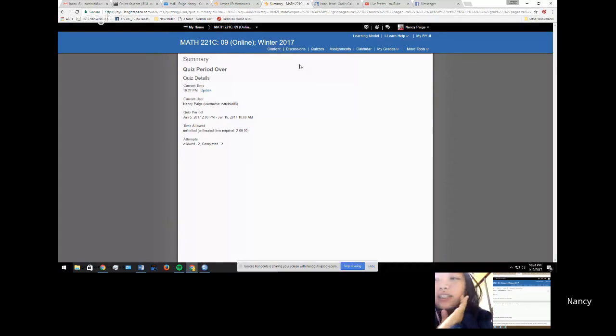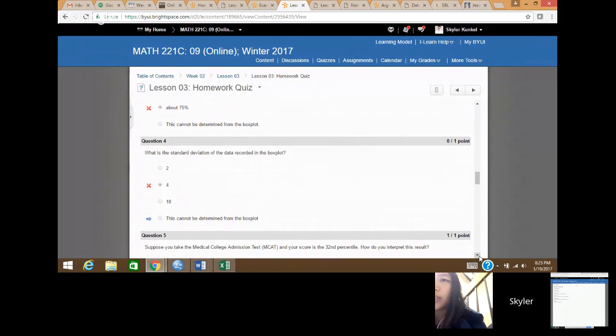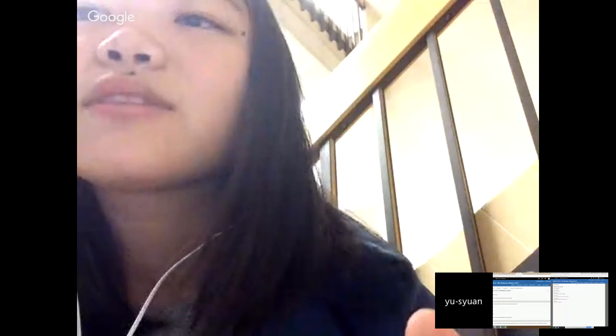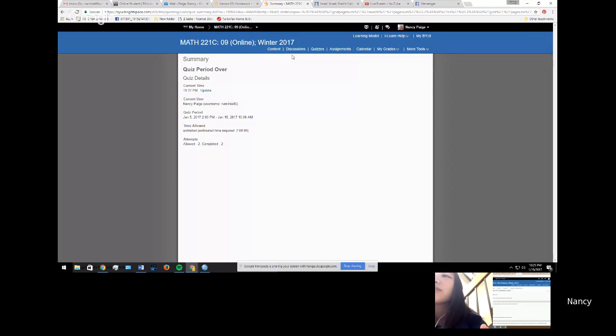It's kind of a little bit more complicated than other formulas, but basically you subtract the mean from a certain value, then square it, and then add them up, divided by the number of values.